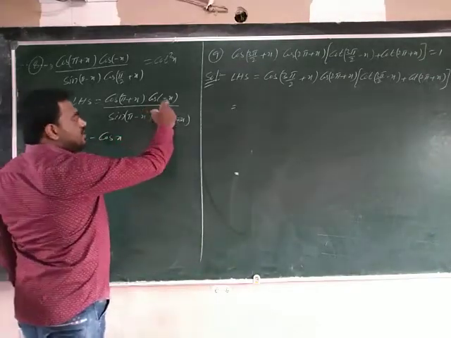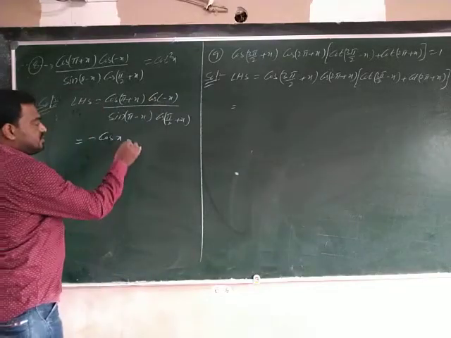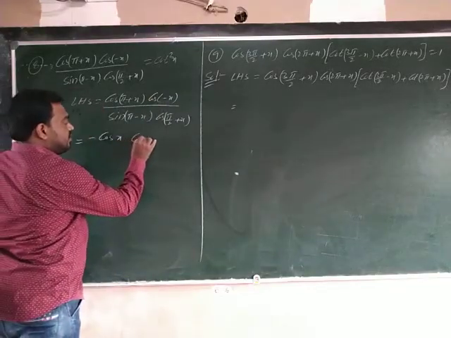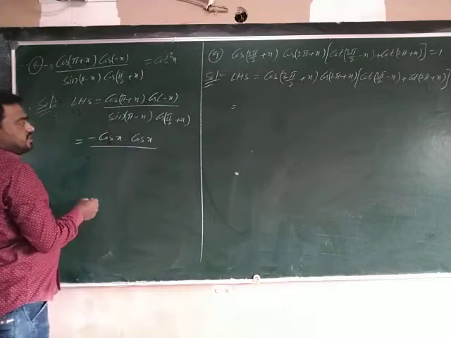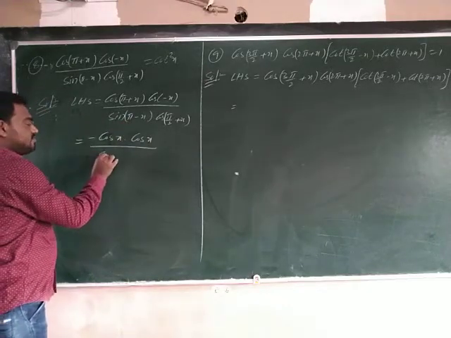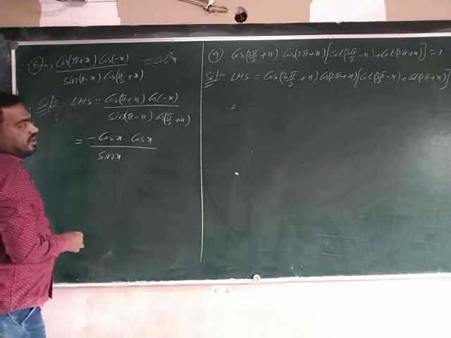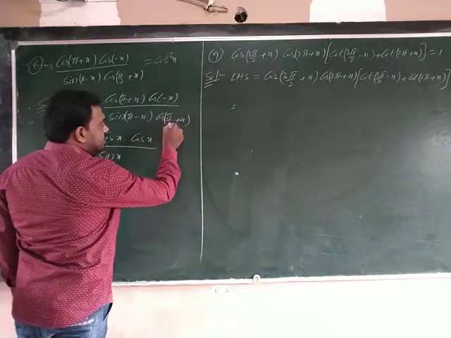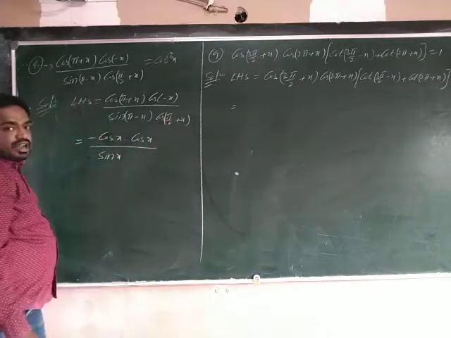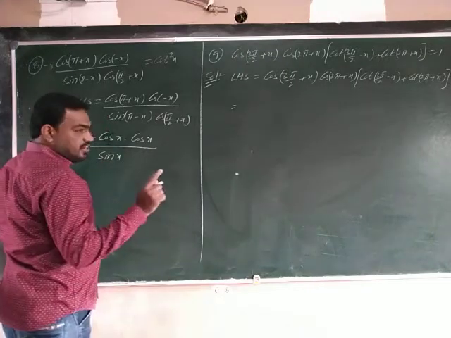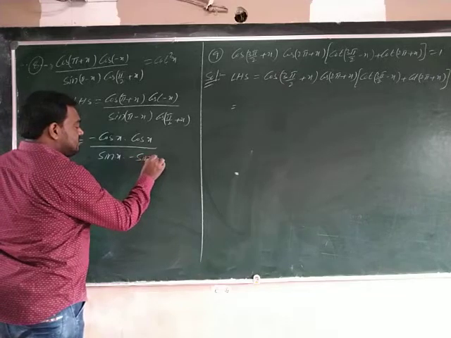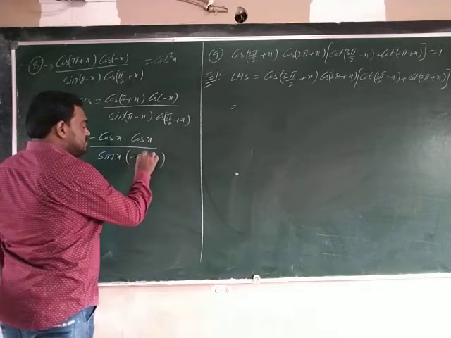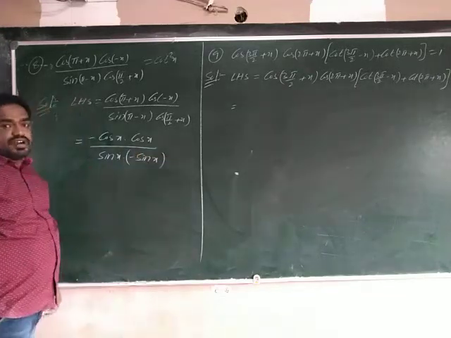Next, cos of minus x is equal to plus cos x only. Denominator: sin 180 minus x, sin(pi - x), is equal to sin x only. Cos 90 plus x, pi by 2 plus x, is minus sin x, because 90 plus x is in the second quadrant, and in the second quadrant cos is negative.